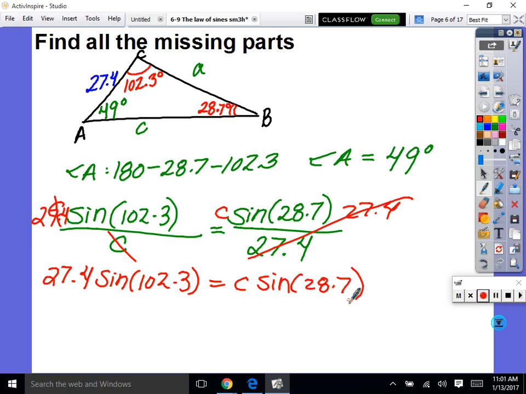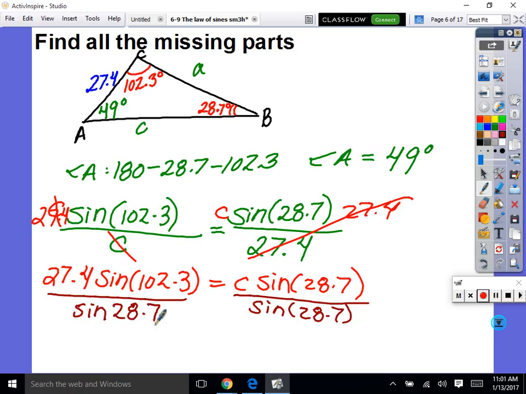Now remember, your goal is to get C alone, so my next step would be to divide both sides of the equation by sine of 28.7. So C is equal to, you said what? 55 point, and then look at our original.